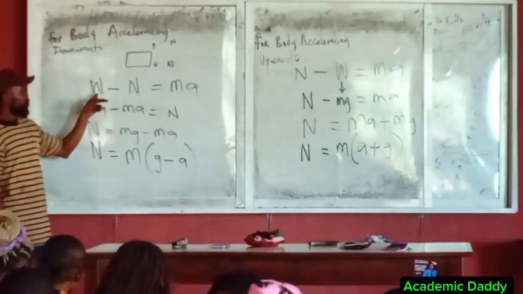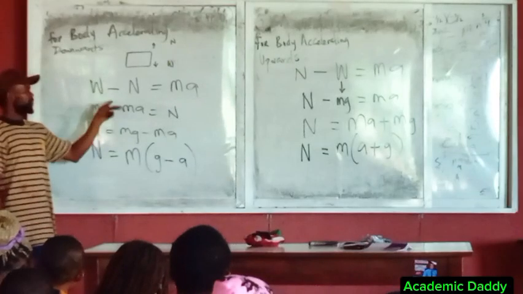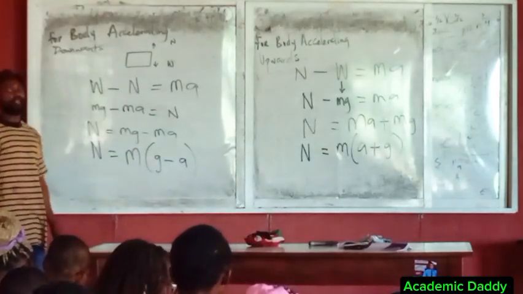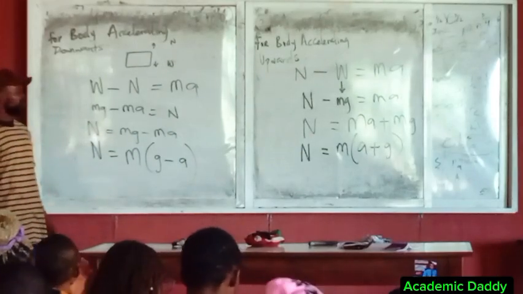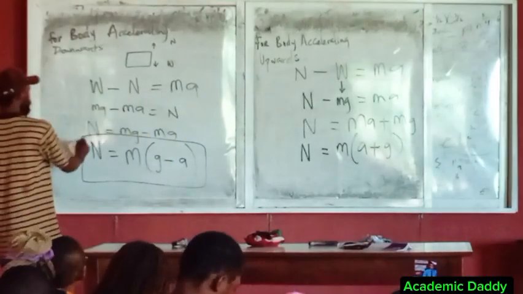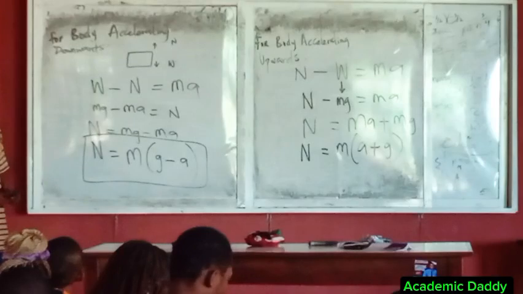So we now have this to be mg minus ma that crossed over. We can try it in other ways, or let's start by dividing by minus 1. So this is an easy approach to it.